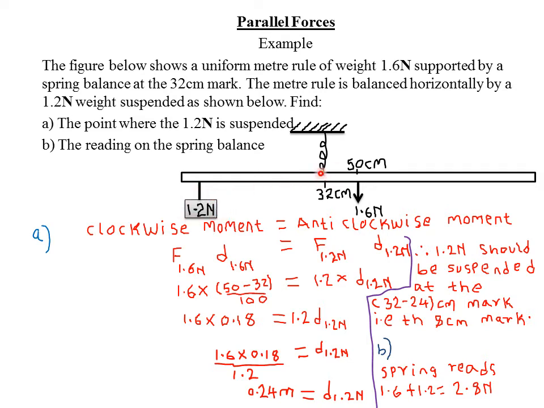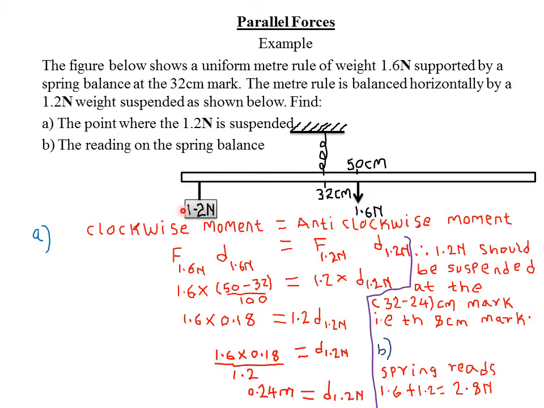Because if this is our turning point or the pivot, then the effect of the 1.2 Newton force on this bar will cause it to bend downwards, or to move in this particular direction, relative to our pivot, which is the spring. So this direction is the anti-clockwise direction, and because it is causing the bar to move in the anti-clockwise direction, we categorize it under the anti-clockwise moments.